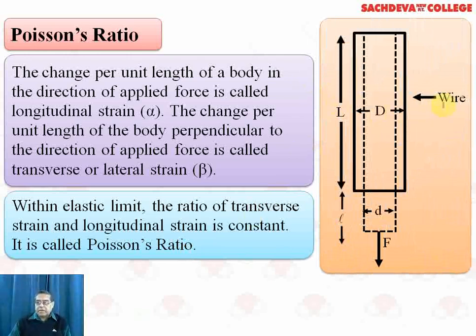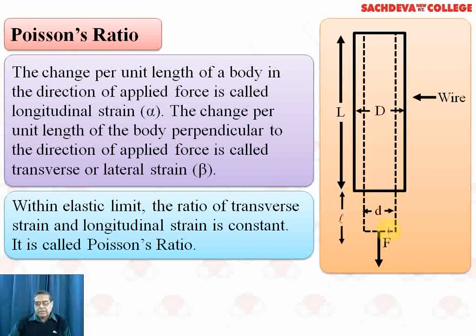It is shown in the figure that the original length of the body is L, D is the diameter, and there is a wire indicated by a dotted line, small d, which is the change in thickness, and F is the force applied.